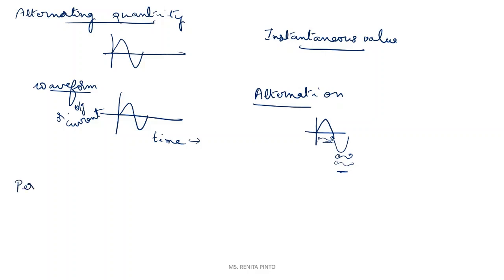Next is periodic time. So time taken in seconds to complete one cycle by the alternating quantity. So time in seconds to complete one cycle.